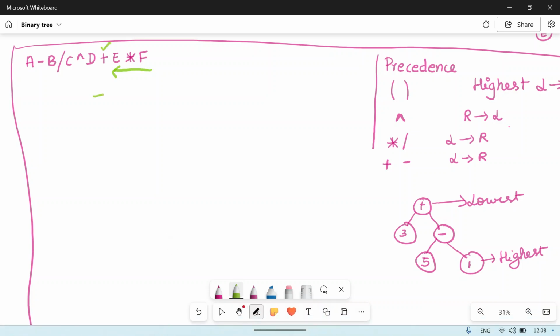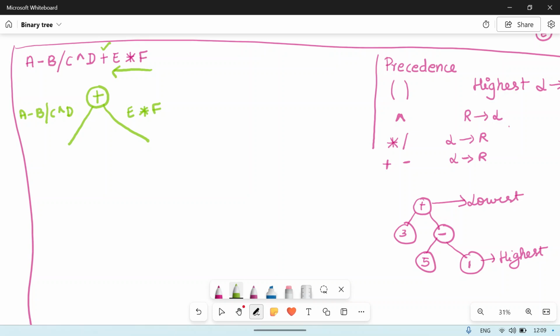So plus becomes the main root. Everything towards its left becomes the left part, and everything towards its right is the right part. So E star F becomes the right, and A minus B divided by C power D becomes the left part.